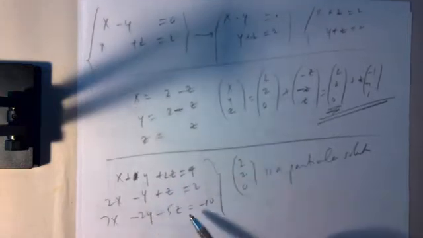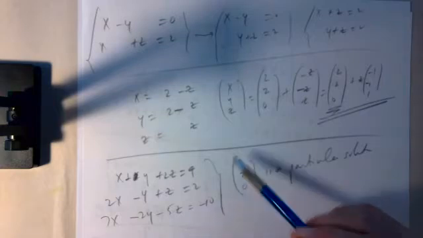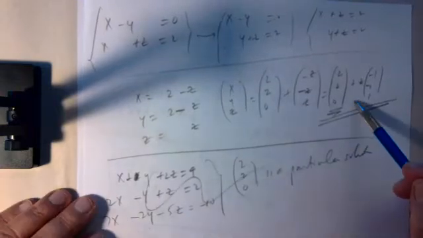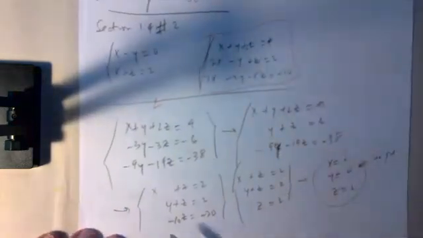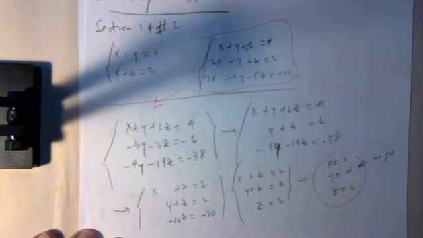So this is definitely the solutions for the first system. And 0, 0, 2 is a particular solution for the second system.